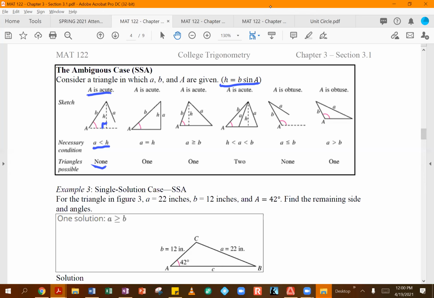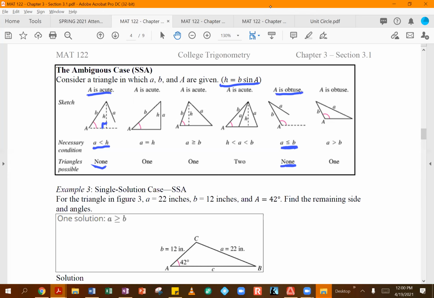The other place where you get no triangle at all is when A is an obtuse angle, larger than 90 degrees, but side a is smaller than or even equal to side b. So if sides a and b are equal in length, or side a is less than b, there is no triangle in that case either.